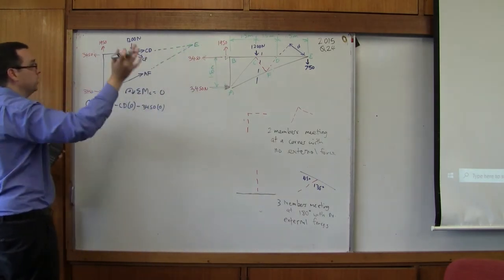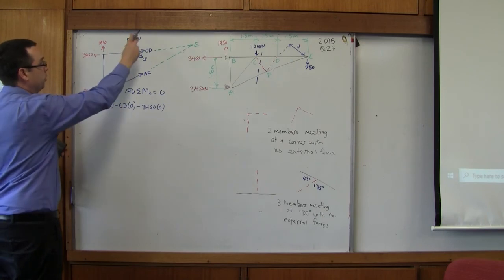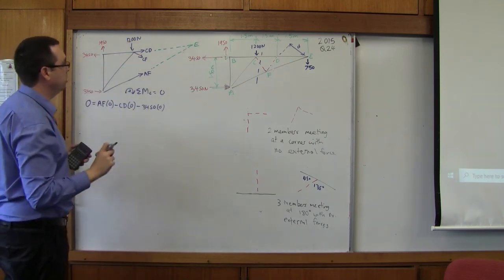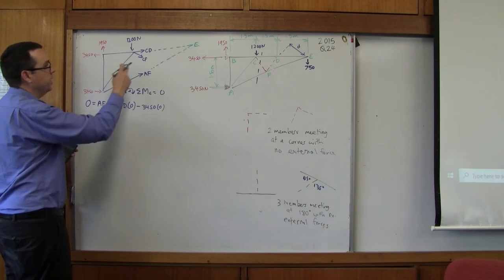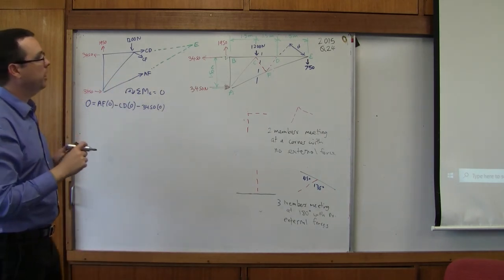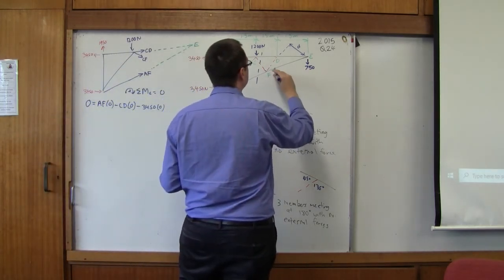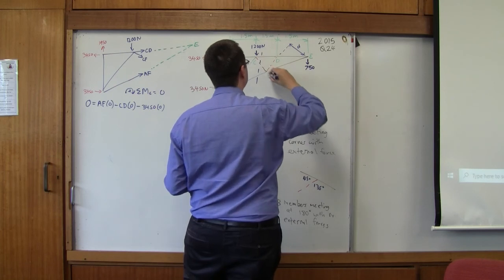My drawing's not fantastic, but it runs through E. So then we have four other forces, 1, 2, 3, 4, that actually do anything. Okay, so we're going to have CF. To do CF, we have to know the distance from CF to E. We need to know this distance. So this is going at 45 degrees.